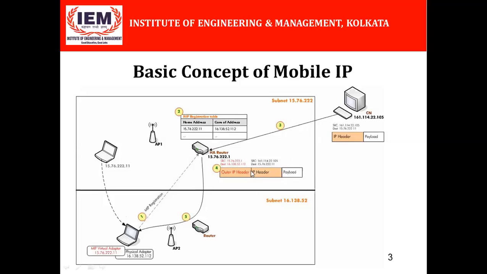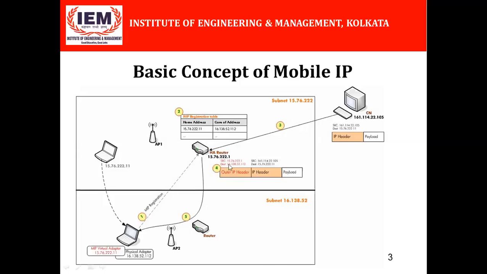That is possible only when this fifth stage takes place via access point 2, the foreign network and the foreign router. So this information is sent before that.